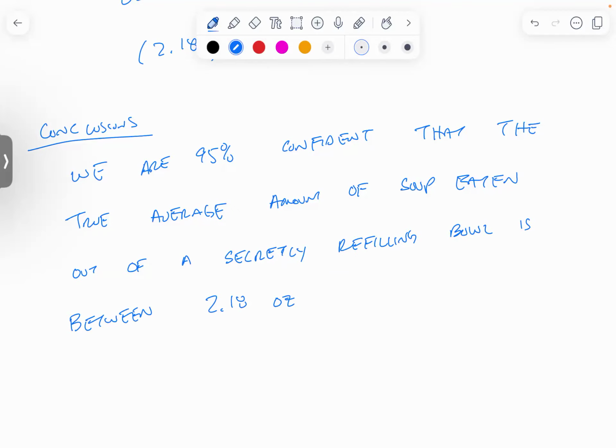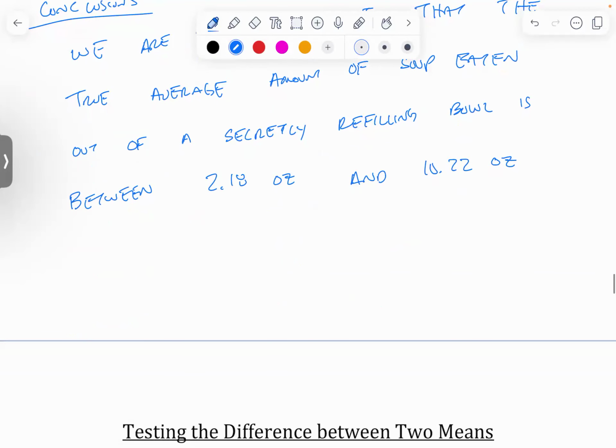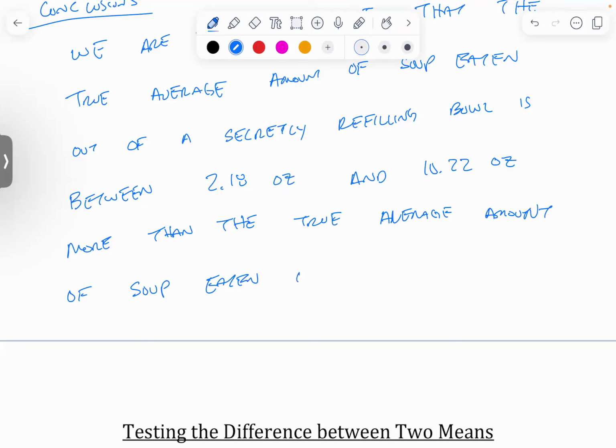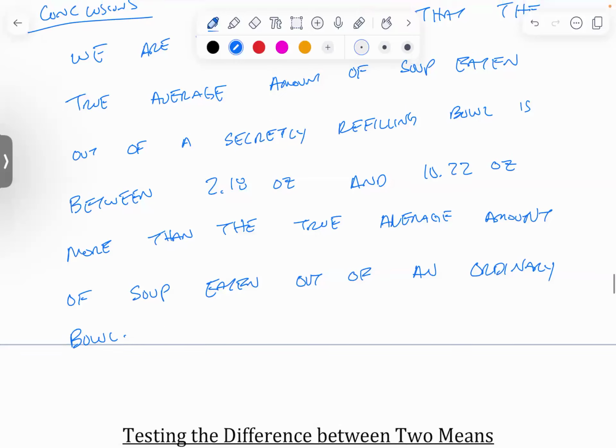Our units, and 10.22 ounces more than the true average amount of soup eaten out of an ordinary bowl. Right? So that's the whole thing.